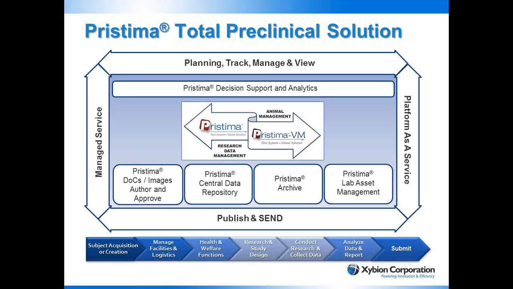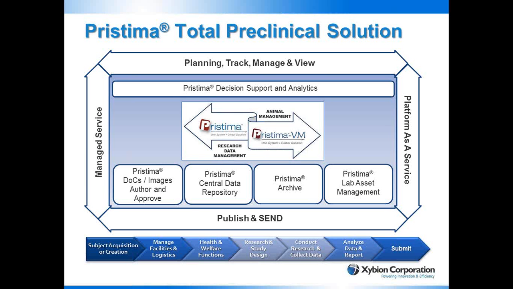There are then processes wrapped around this core data management platform, and this is going to include things like the ability to plan, track, manage, and view your studies, the ability to manage the publish and send protocol process, and then this is offered actually as both a managed service as well as a platform as a service.